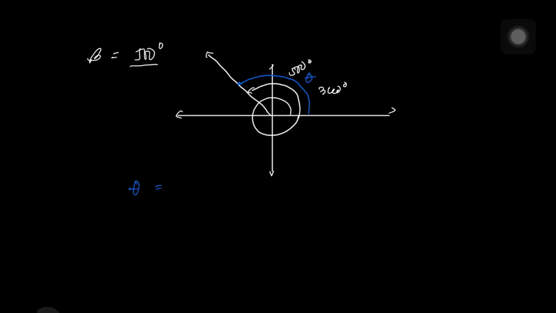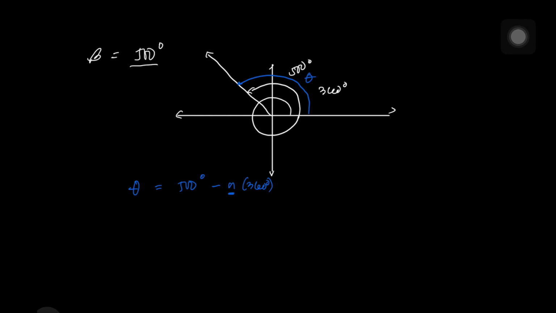It's 500 degrees minus n times 360 degrees, where n is the number of rotations before reaching the terminal side of the given angle.